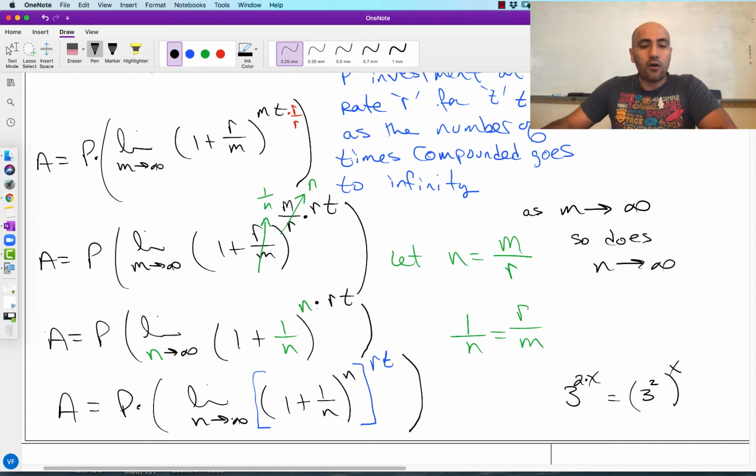Now from our work with limits, we know that we're allowed to put this inside. This is like a composition of functions, where this is the inside function and the outside function is the variable raised to the power of rt. And because n is not in there, we're allowed to bring it in. Okay, so let's rewrite the whole thing.